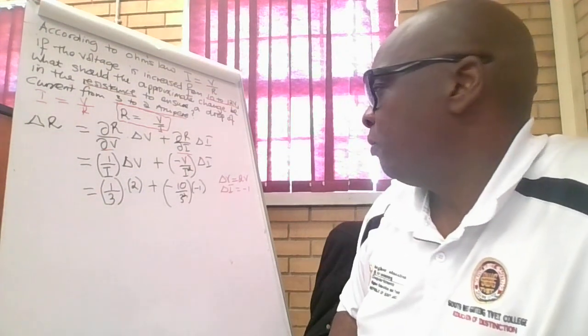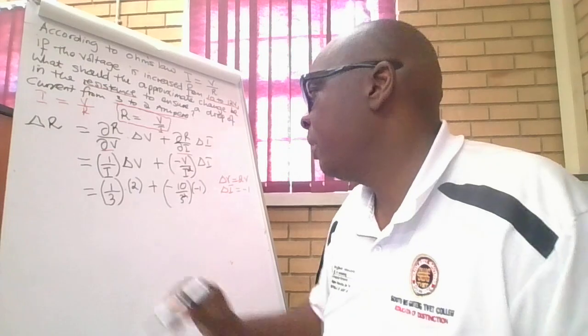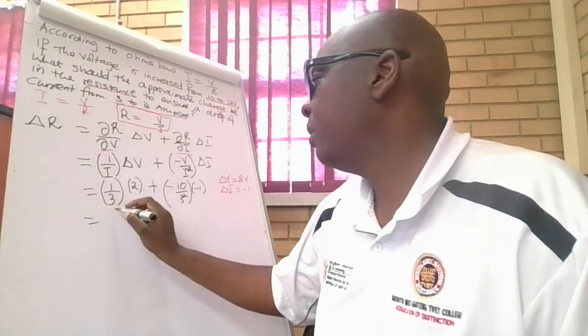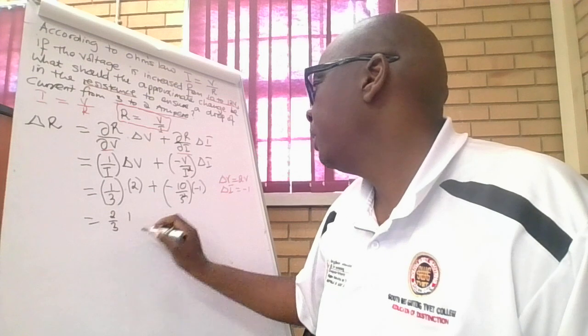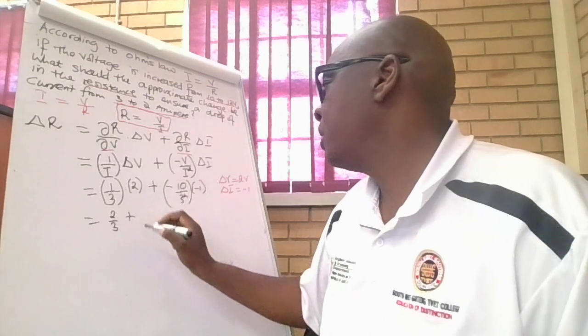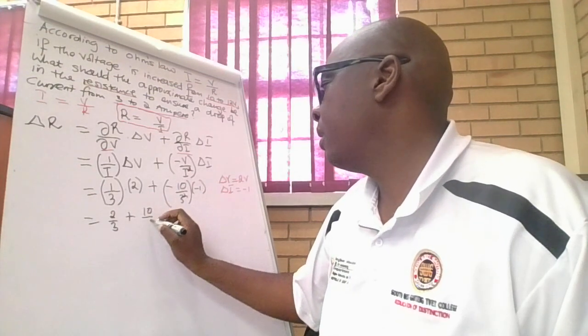So now if we do the arithmetic here, that becomes 2 over 3, and that gives us a positive, so that would be 10 over 9.